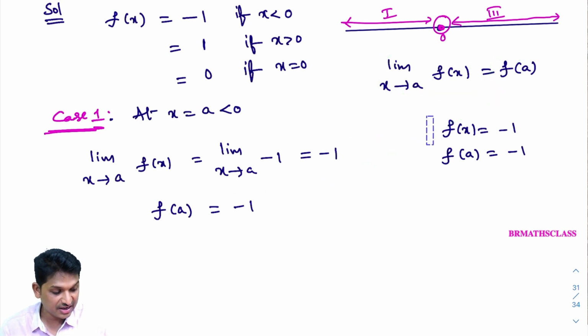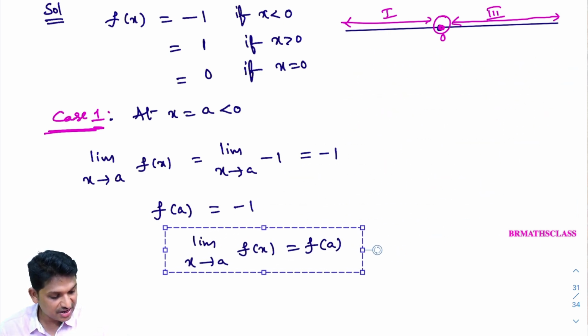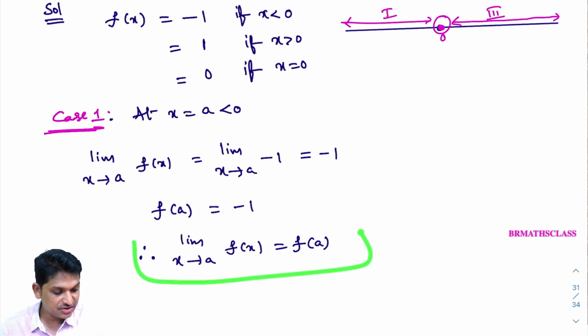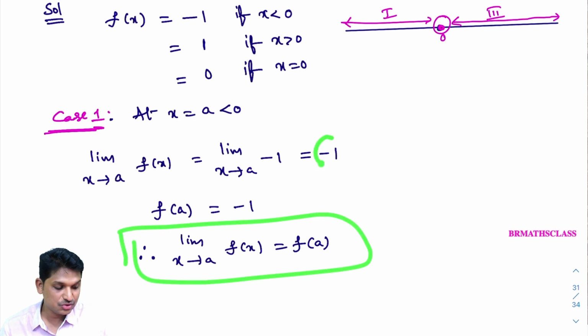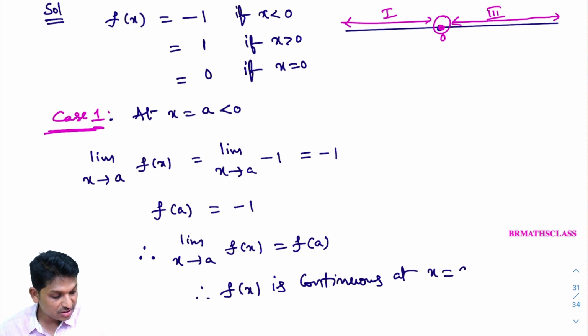I hope you are understanding, right? So what I can say here is, this is true: limit as x approaches a of f of x equals f of a, as these two are the same. Therefore, f of x is continuous at x equal to a, where a is less than 0.